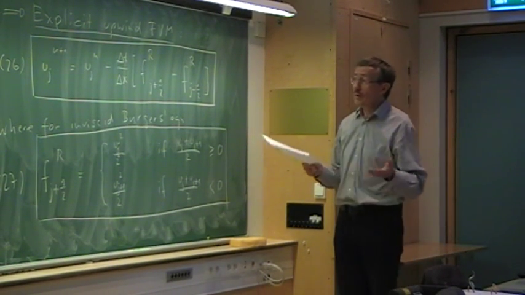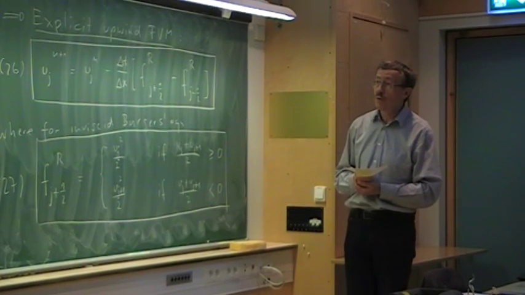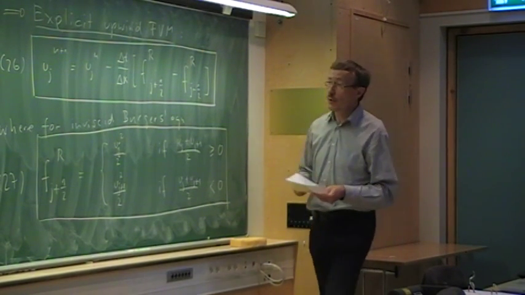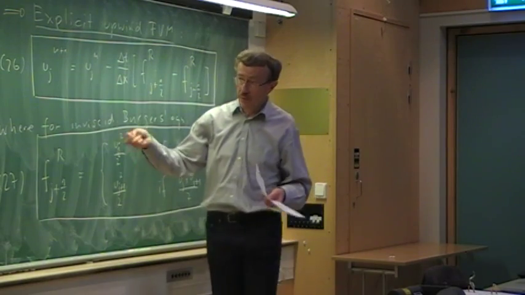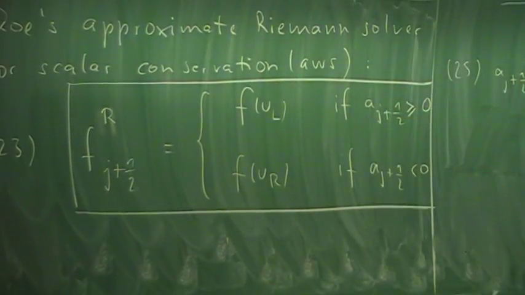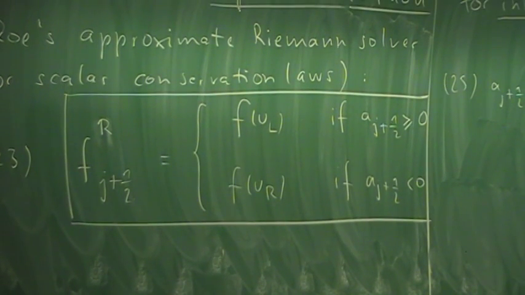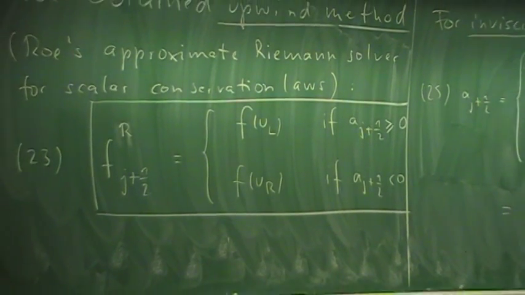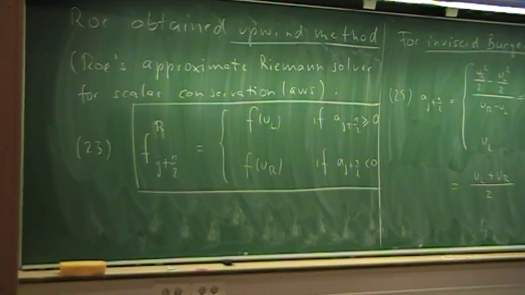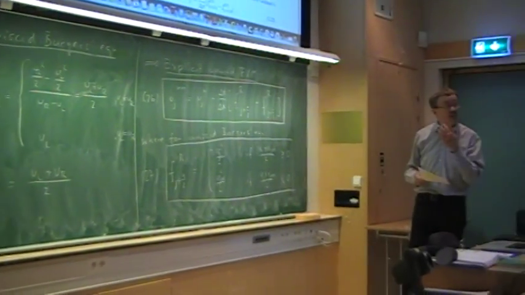And if we have another conservation law, then we have to determine the characteristic speed in a similar way as we did for the inviscid Burgers equation. And then, if we have the characteristic speed, we just do the evaluation according to the direction of the characteristic speed. That's all. So it becomes relatively simple, and the catch is using the characteristic speed to decide on the wind direction.